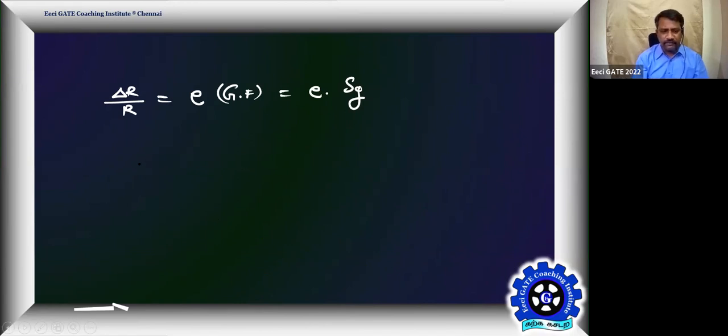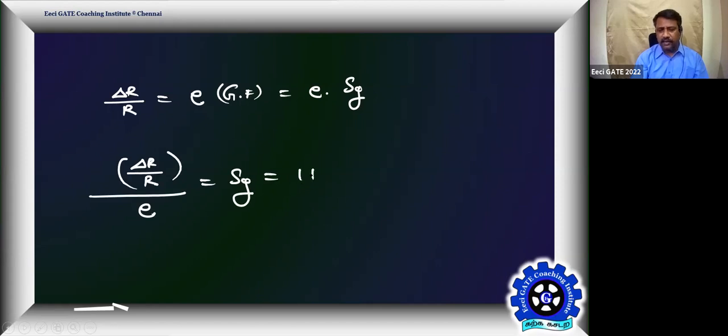So therefore hereafter I can remember delta R by R divided by the applied strain is equal to the gauge factor Sg, which is nothing but 1 plus 2 times Poisson's ratio plus 1 by strain into delta rho by rho. Agree? All of you getting this point? Yes or no?